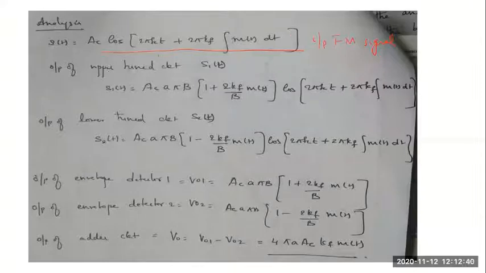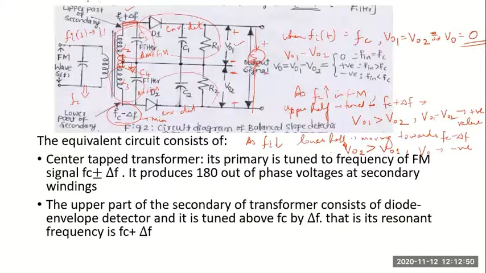Next, the output of the upper tuned circuit. The output of the upper tuned circuit before the envelope detector at this point is S1(t), and the output of the lower tuned circuit here is S2(t).